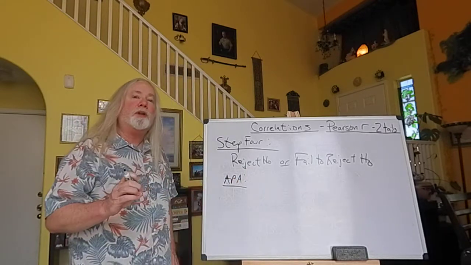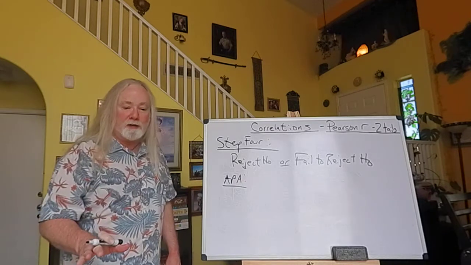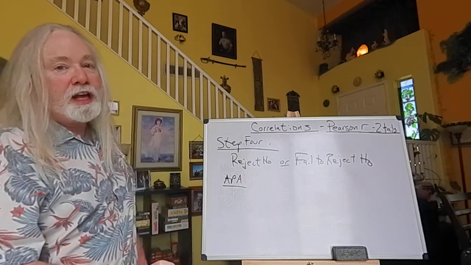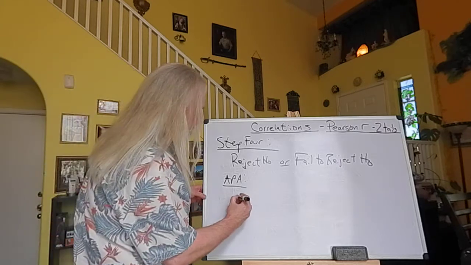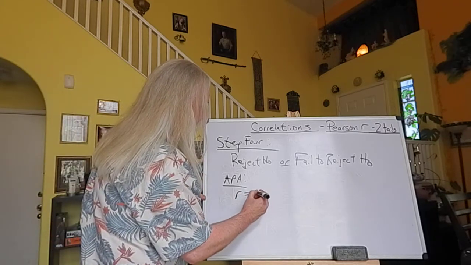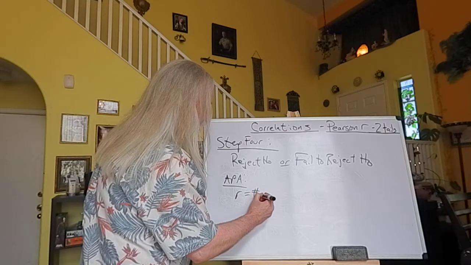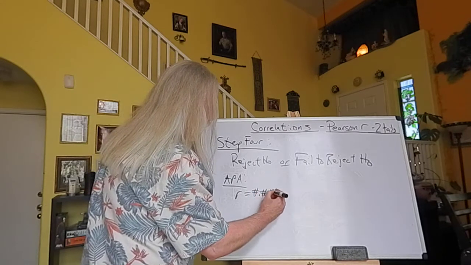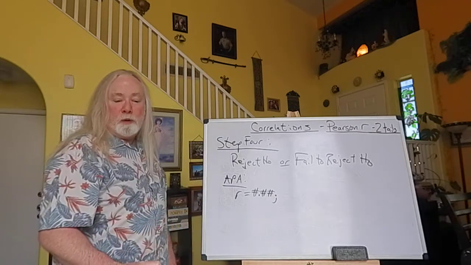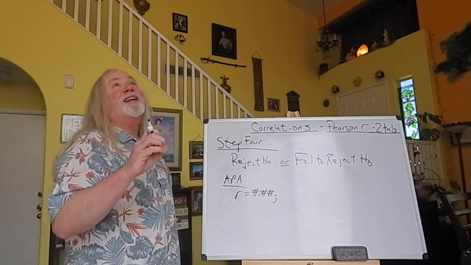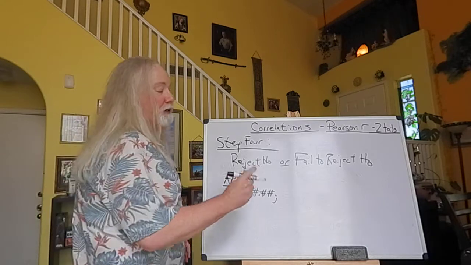We ultimately report this in 3 pieces instead of our usual 2. The first thing we report is the R statistic itself. The next thing we report is the sample size, not degrees of freedom.